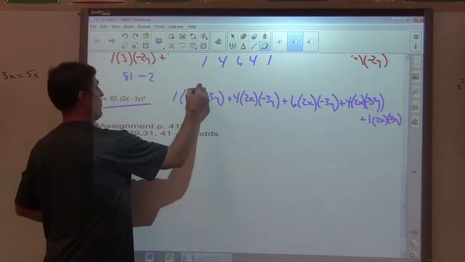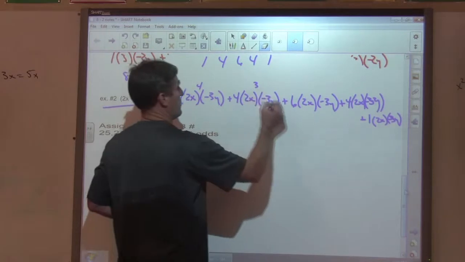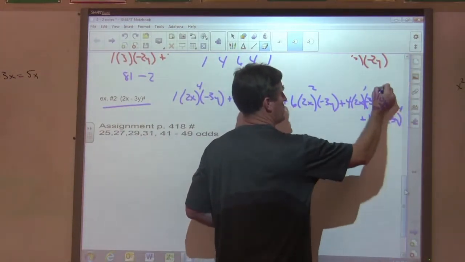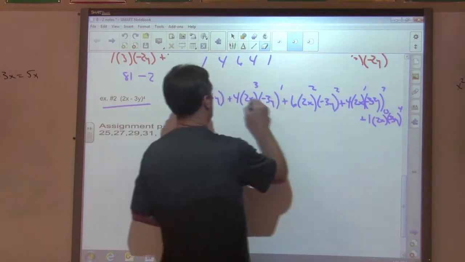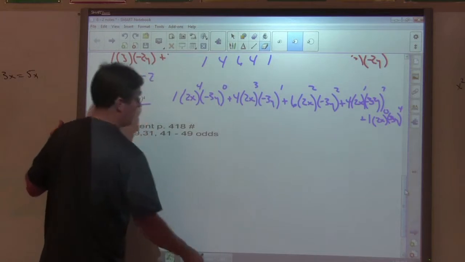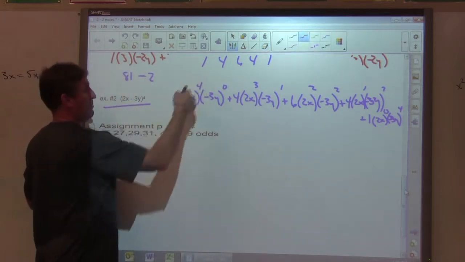Highest power is 4, so 4, 3, 2, 1, 0, and then in reverse 4, 3, 2, 1, 0. Simplifying this, 2 to the fourth. So here's where you have to be careful. This is why I write it up above so I don't get confused.